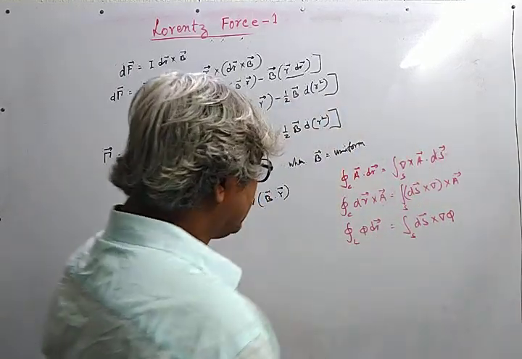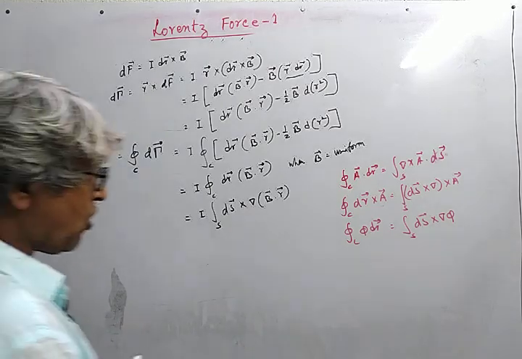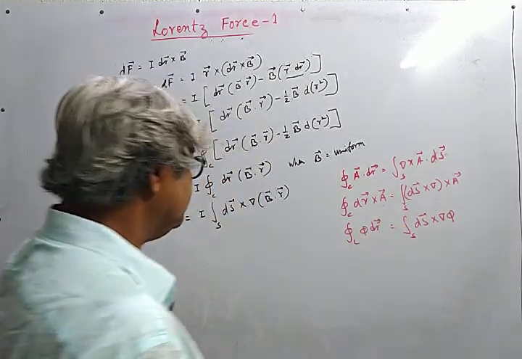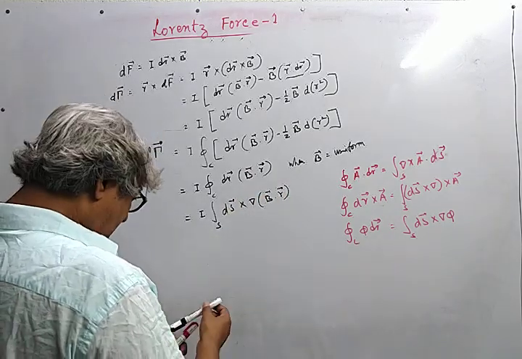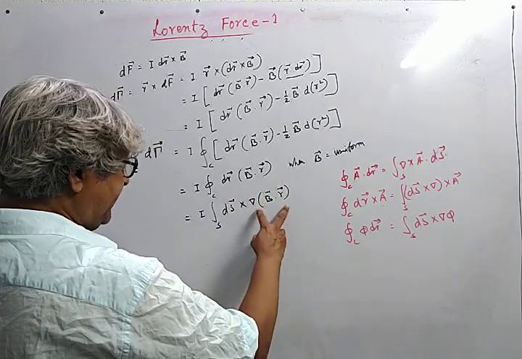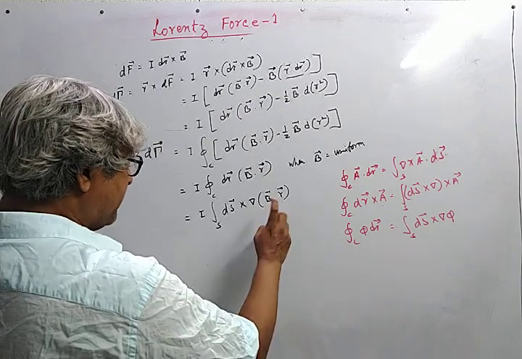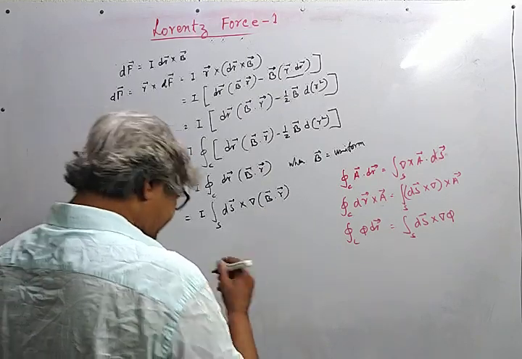These are the three alternative forms of the Stokes law. Here we have used this form, and the scalar function is this. And if B happens to be uniform, then this part is readily evaluatable.